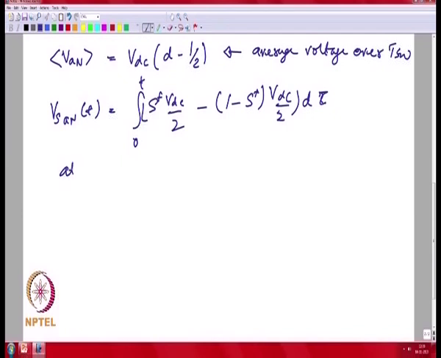So at t equal to TSW, we have volt second AN divided by TSW. By definition, this is your average, VAN average.